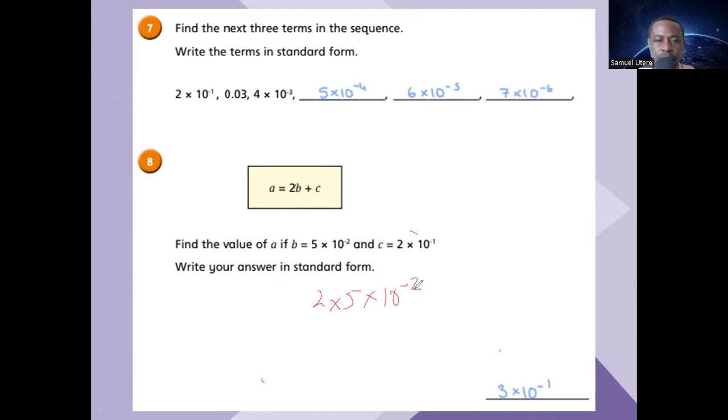And then we're adding 2 times 10 to the power -1. 2 times 5 is 10. So we have 10 times 10 to the power -2.